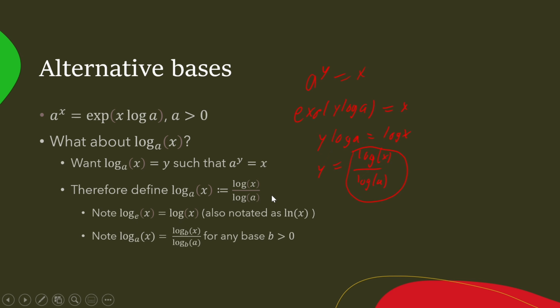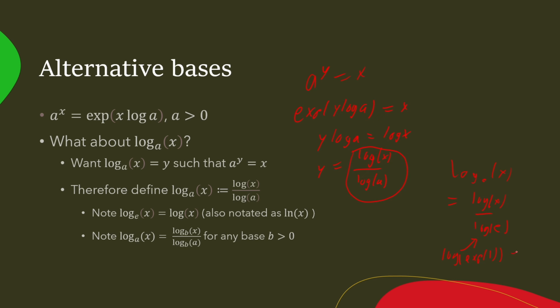Okay, so a few things to note. First of all, log base e of x is equal to log of x, just as functions. You might also sometimes see this notated as ln of x, the natural logarithm of x, but here we're just calling it log of x. The reason that's true is if you use this definition, log base e of x works out to be log of x over log of e, and log of e is log of exp of 1, using our definition of e.